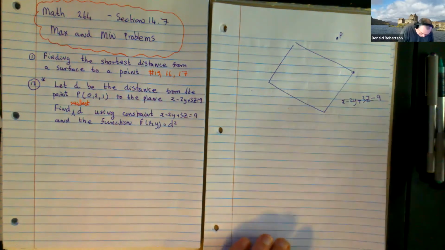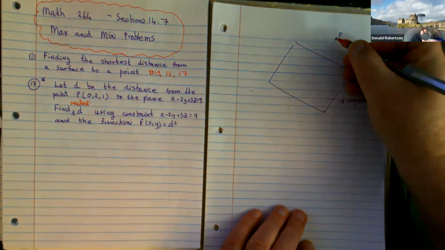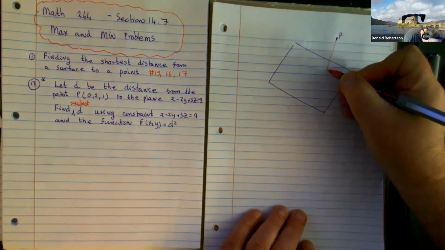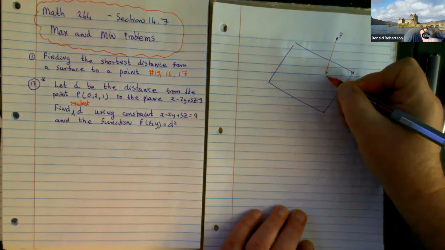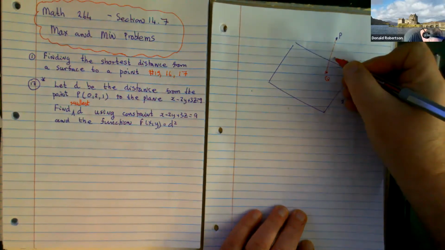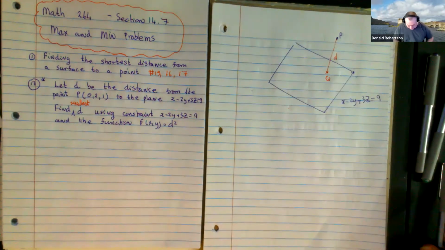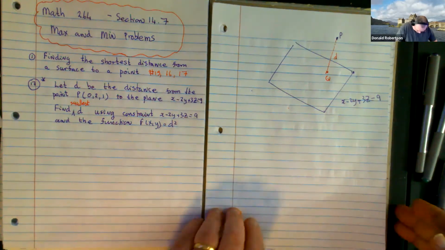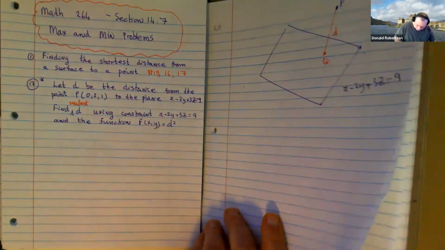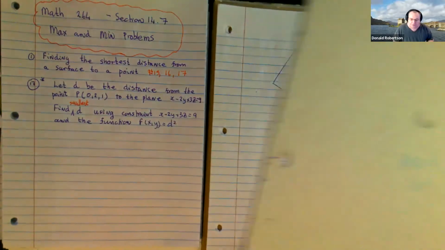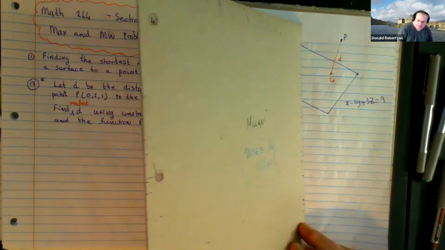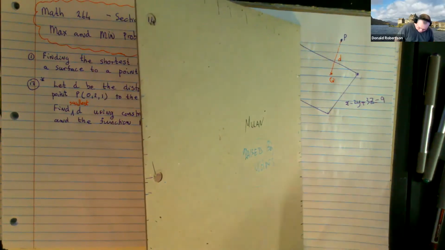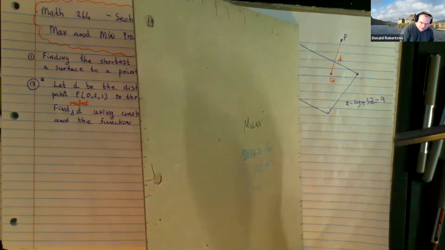And now if you want to find the shortest distance, can you imagine a little invisible dotted line would meet this plane at a point Q, and that is the shortest distance, right? Now, I could probably do a visual on this that might actually work. Can you imagine this piece of cardboard? Right? Goes like this.